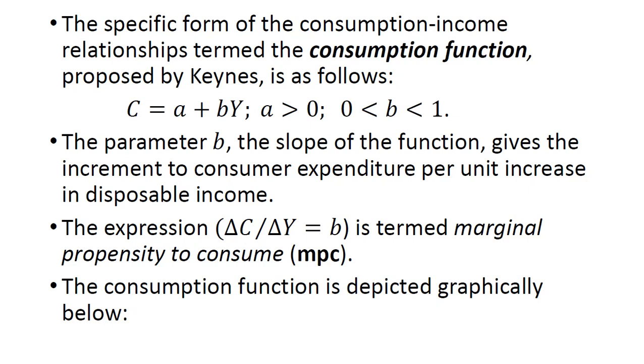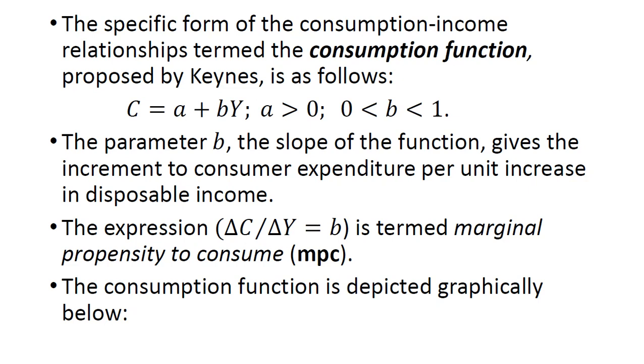income, which assumes this linear form: C is equal to A plus BY, just like the linear function Y is equal to A plus BX. So the A is called autonomous consumption, and the B is called marginal propensity to consume. The A is positive, meaning even if you earn zero income, you still spend.